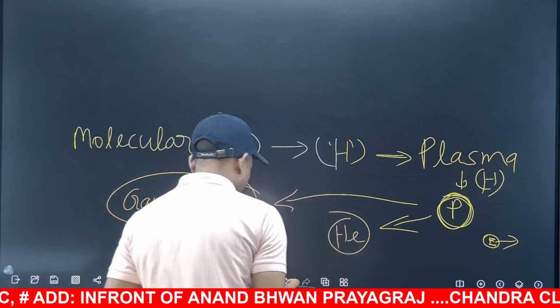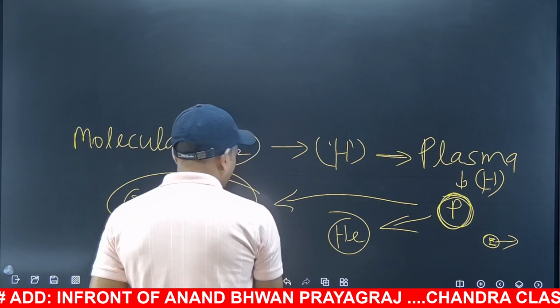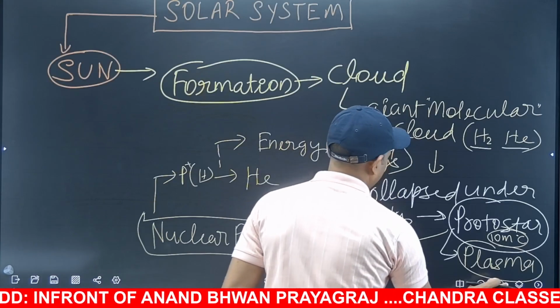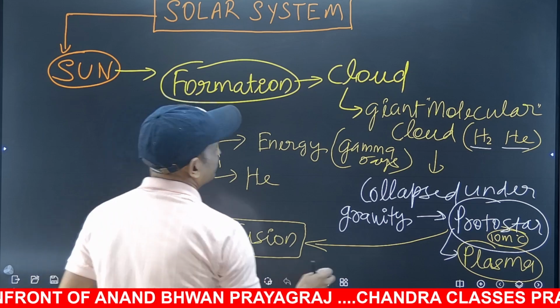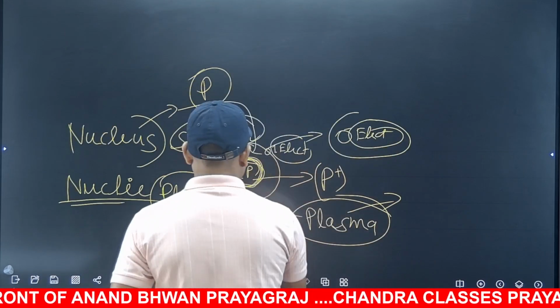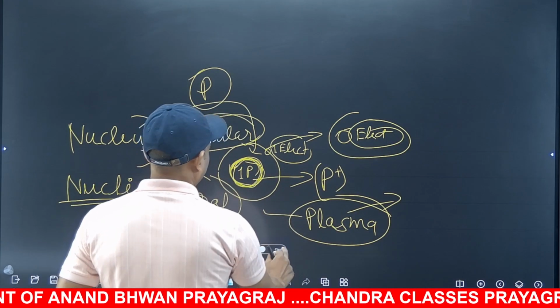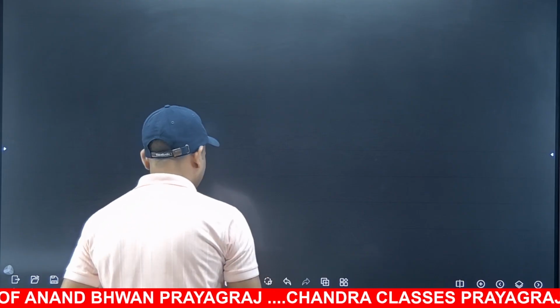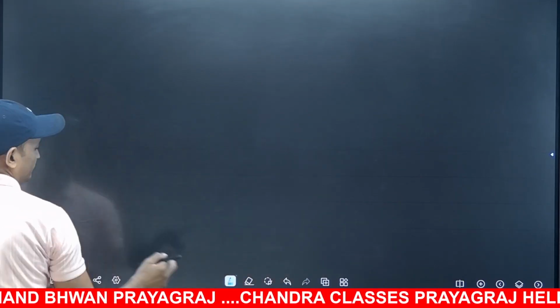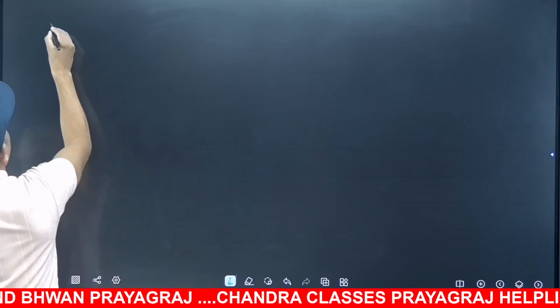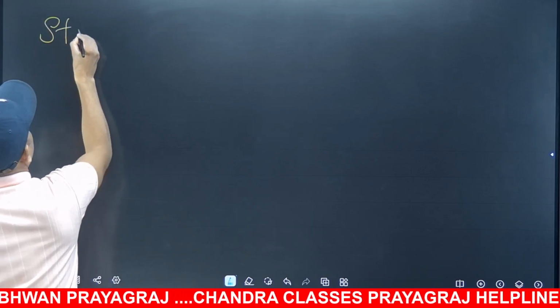Now we have seen the formation of the sun. Okay, so that was the formation. But when we talk about another aspect associated with the sun, that is the structure of the sun.